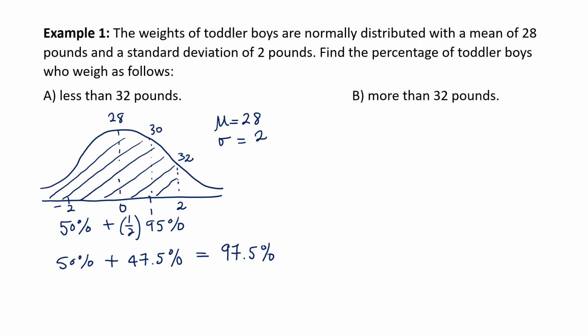Again, we're still working with the normal curve. So let's draw our bell-shaped curve. And in part A, we learned that 32 pounds corresponds to a standard score of 2, and this time we want the area to the right of the standard score of 2.